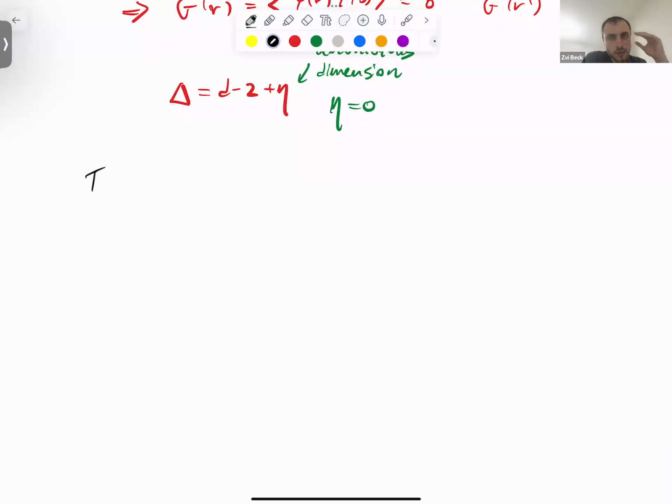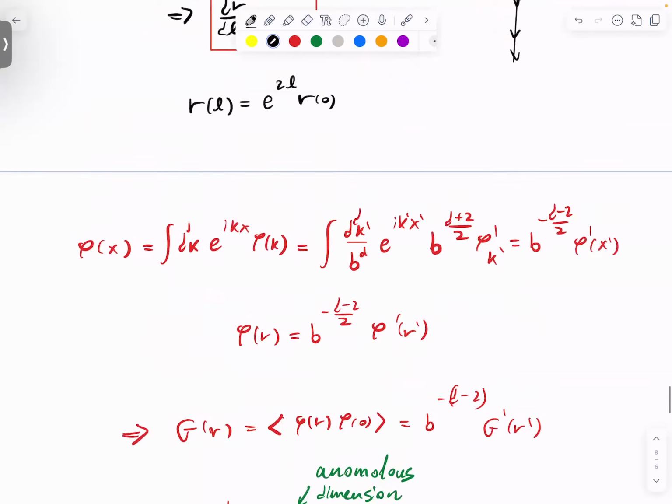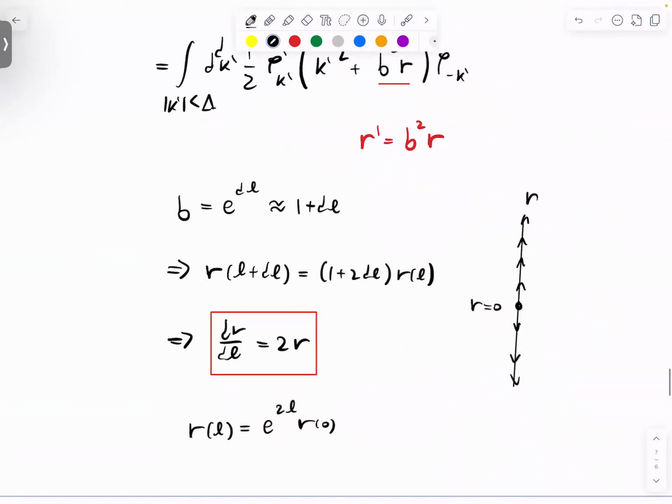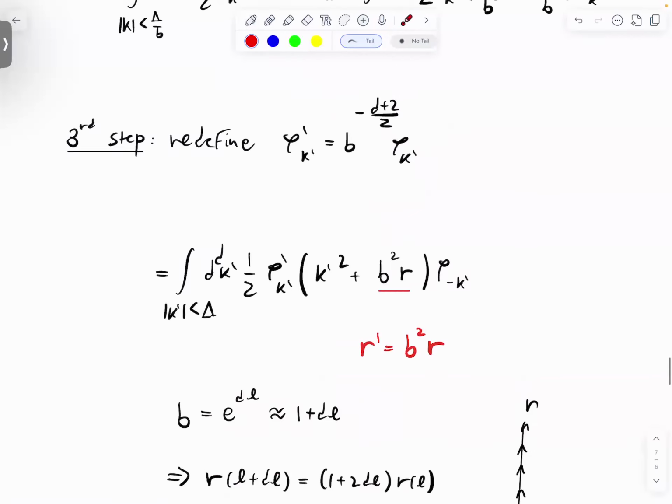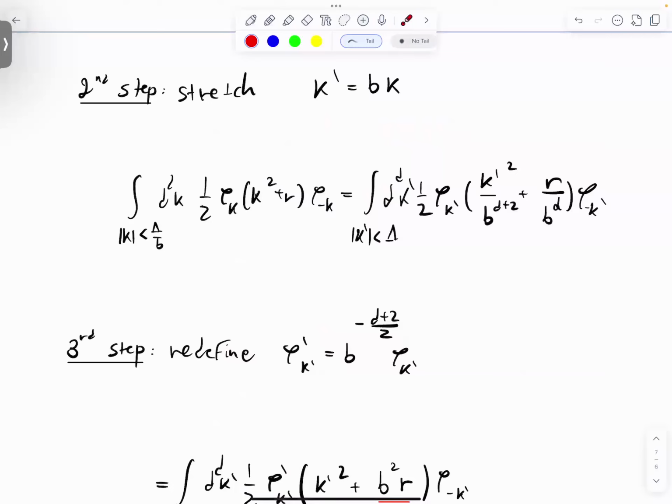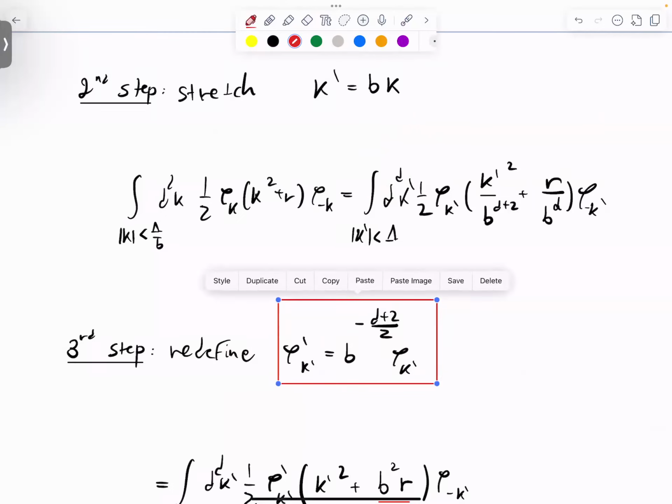Where did we assume in our calculation that we are in a fixed point? Good question. So the fixed point around which we're flowing is this fixed point. Where did we assume that? Well, we assumed that here. You see, this redefinition of the fields is our choice.